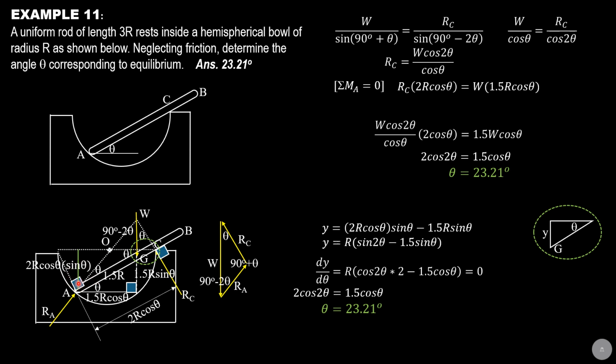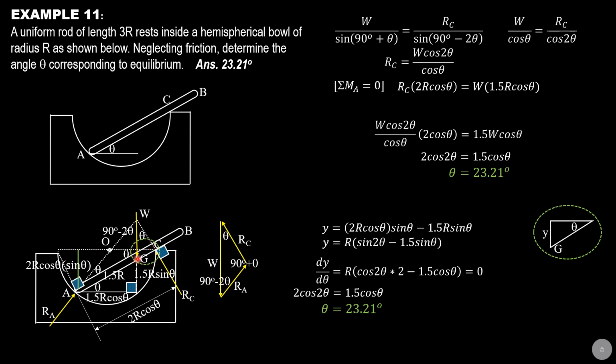If not farthest, it will still continue to roll back and forth until it will be at rest. So that's the idea. In other words, we maximize the distance of the center of gravity from that diameter, the top.